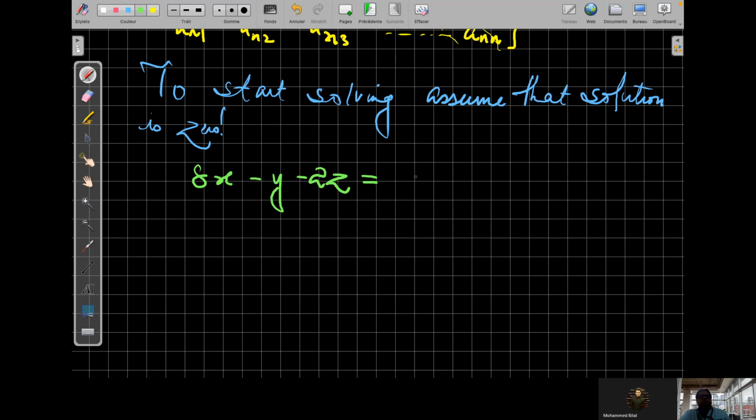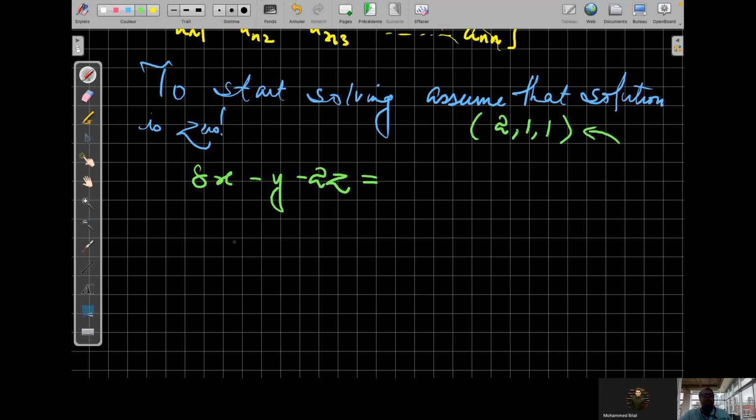So let us assume the solution to be 2, 1, 1. That means I'm saying that in the system I should converge to this particular solution, 2, 1, 1. I'm saying that this should be the solution of the system, and I am writing the equations accordingly. Just for the sake of understanding, that's what I'm trying to do.